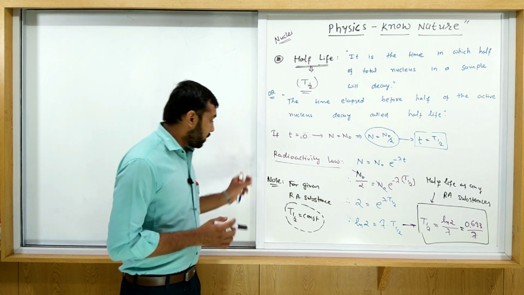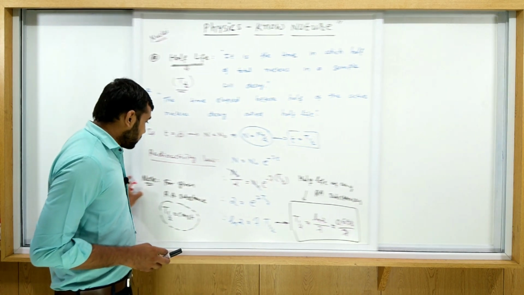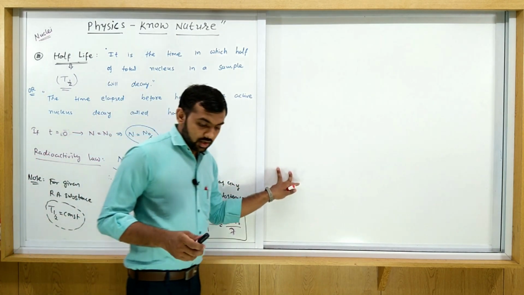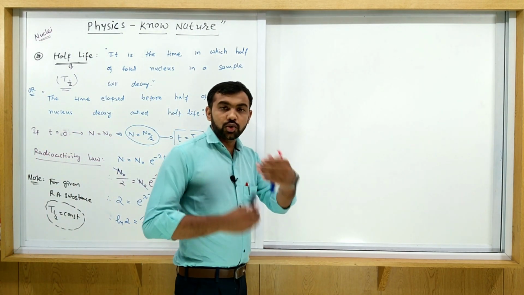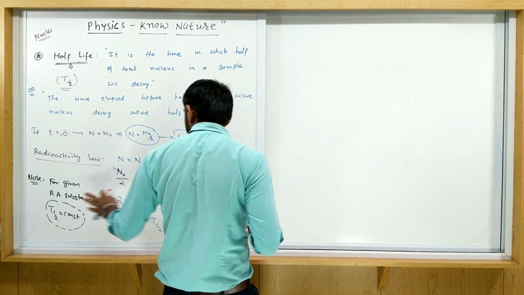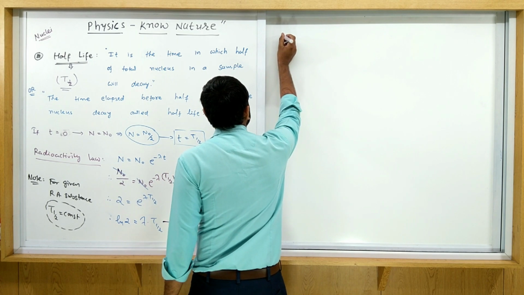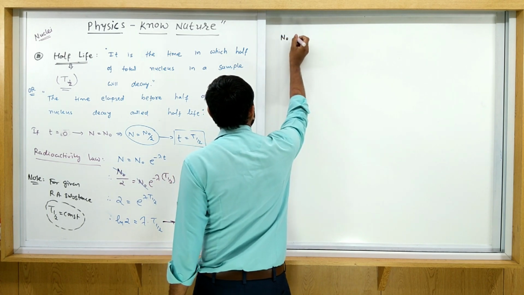Now consider this situation, where the nucleus becomes half, and we draw this graph. Suppose you have N0 nuclei initially.